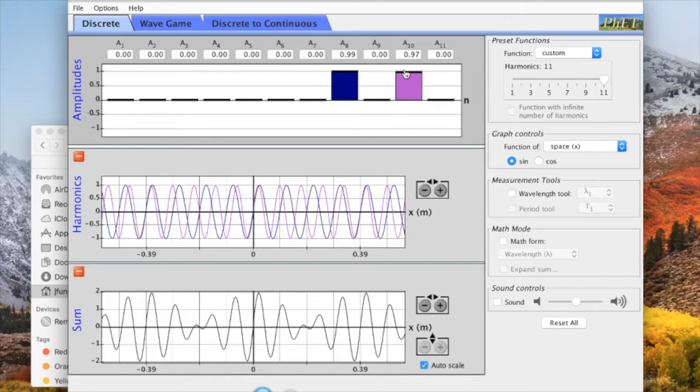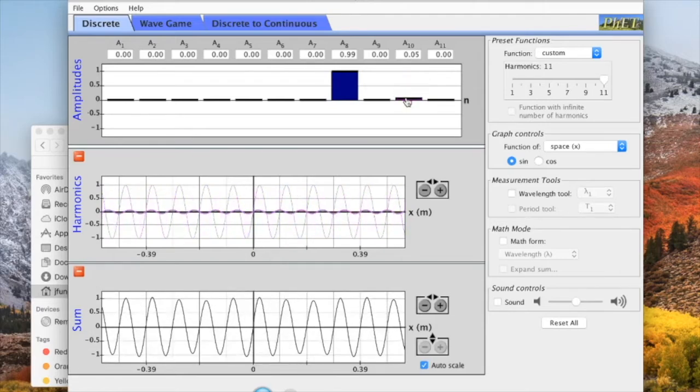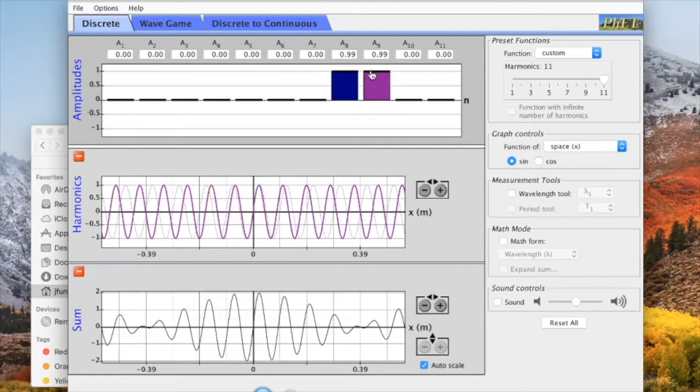Things to note about the beat frequency: the beating and the frequency of the envelope here, or in this case, the wavelength of the envelope, since we're talking about position dependence and not time dependence. If I make the wave number difference between the waves smaller, notice how the beat pattern gets stretched out compared to what it was before.